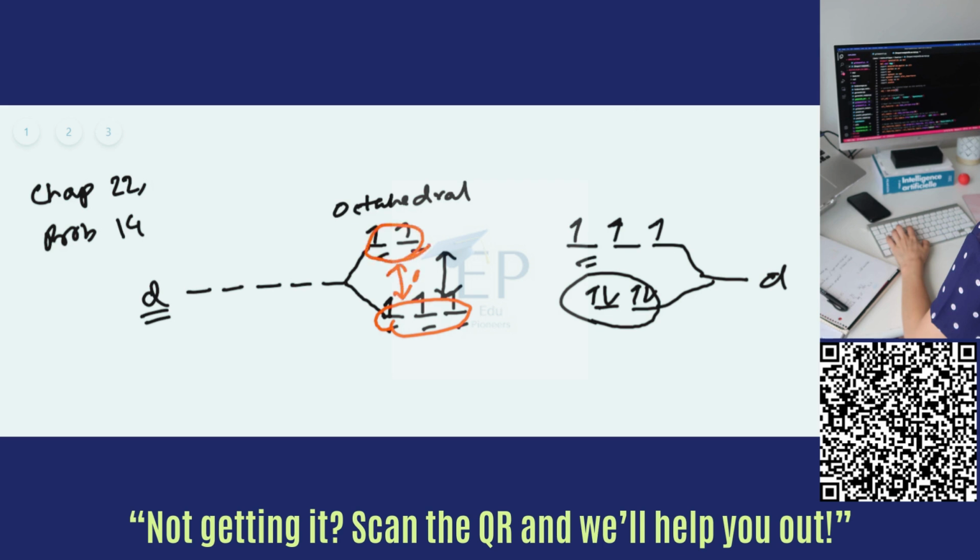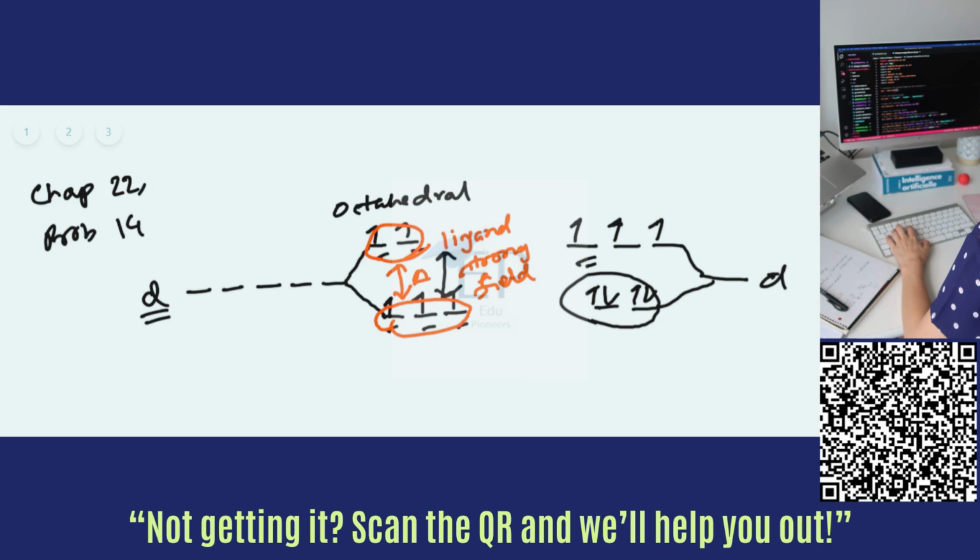So the difference of energy between these two will be very high if the ligand is strong field. And what will happen in that case?